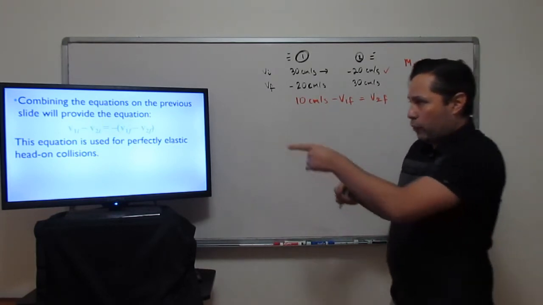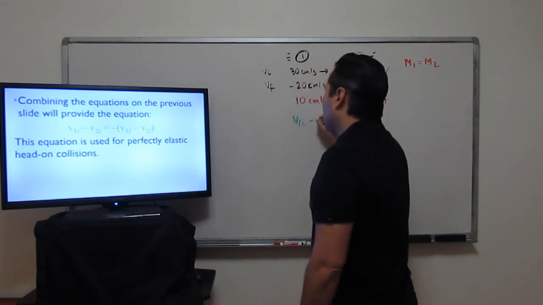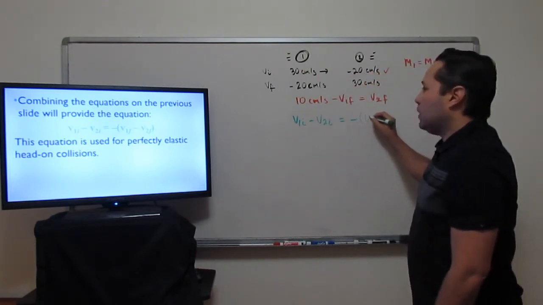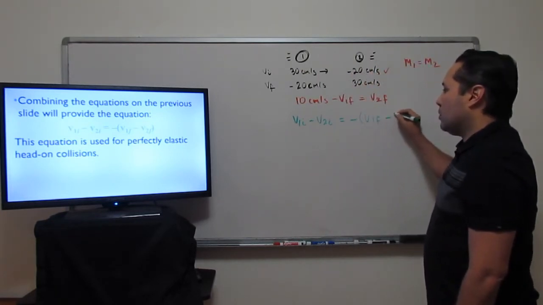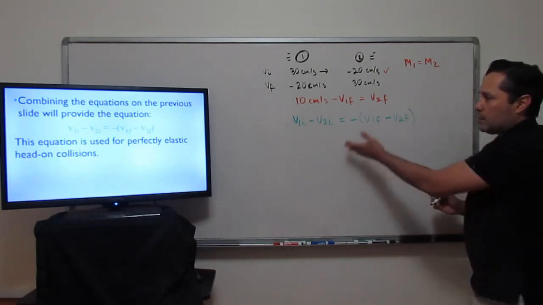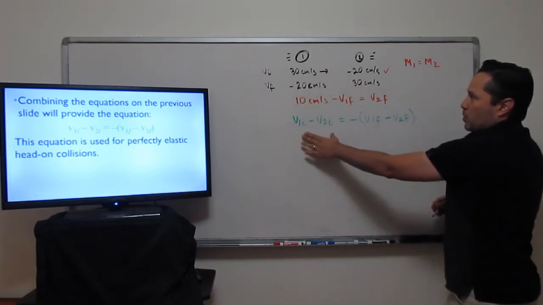Alright, so we have our formula right here. We have V1 initial minus V2 initial is equal to negative V1 final minus V2 final. We have the initial velocity for object 1 and 2, so we're going to substitute them in here.